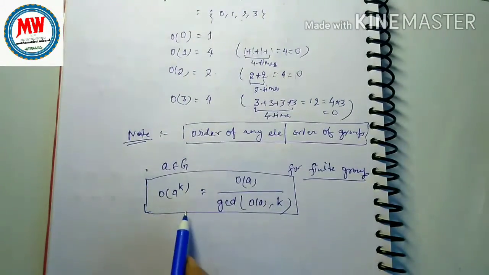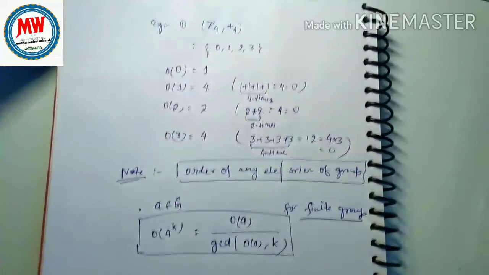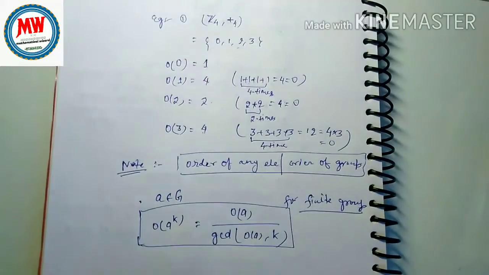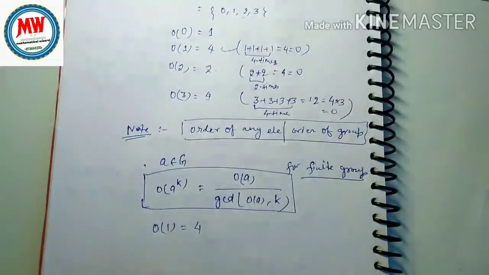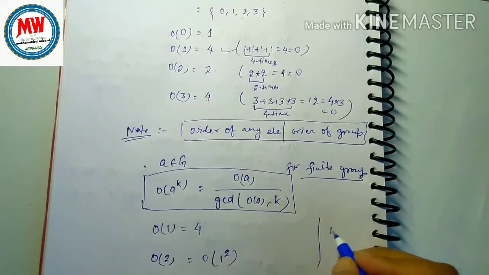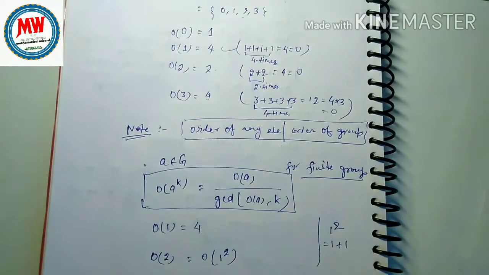If you want to apply this formula to this example, then we know that order of 1 is 4, and if we want to calculate the order of 2 from this formula, then we can write 2 as 1 raised to the power 2, because 1 raised to the power 2 is equal to 1 plus 1.